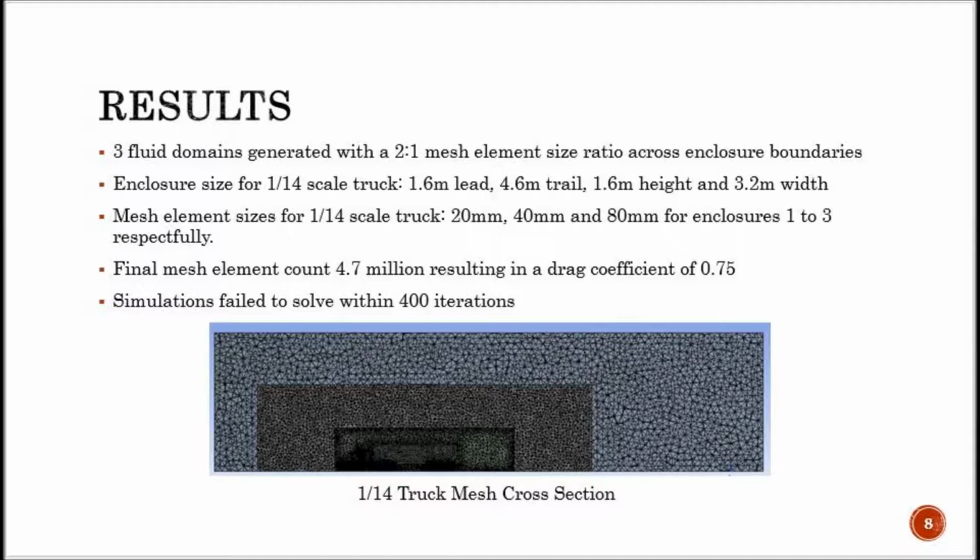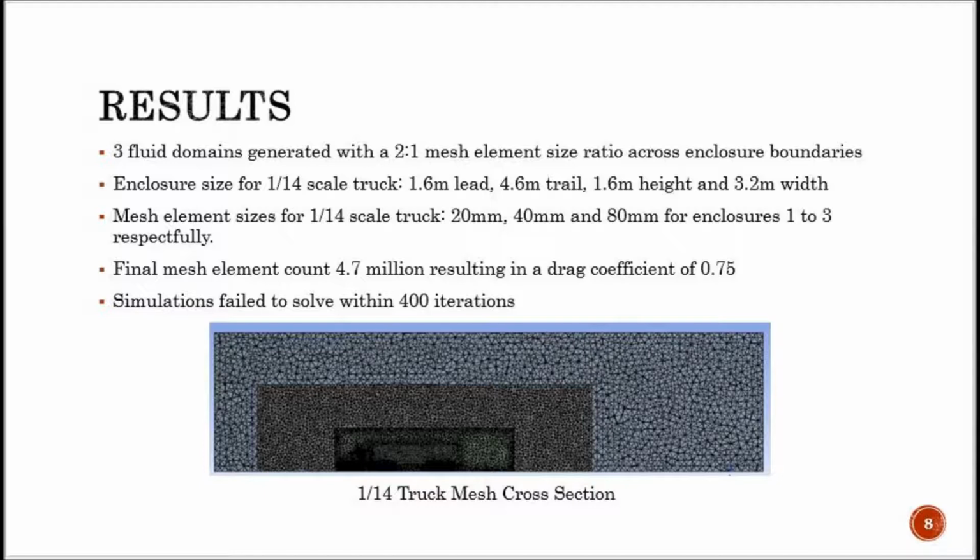In this case, 3 domains were generated, with the inner enclosure having a fine mesh in order to capture the flow separating surrounding the truck and most of the turbulent region at the rear of the truck. For each subsequent enclosure, the element size was increased by a factor of 2, as the need to capture the airflow with such detail becomes unnecessary in locations far from the obstruction.